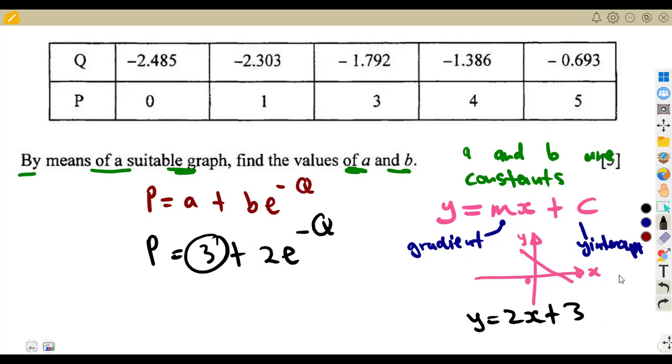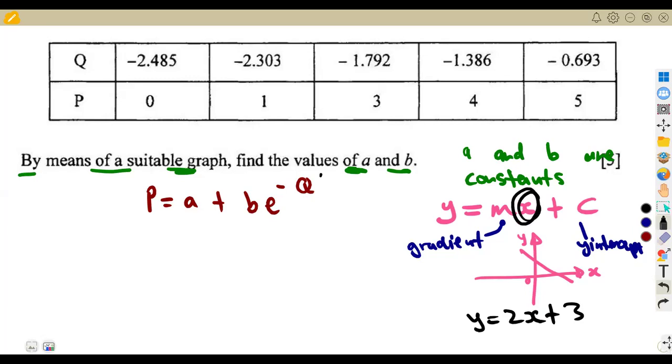So these are constants. If we take a closer look at this in the same manner as y is equal to mx plus c, this part, b e to the exponent of q, is the part representing x, and this p is the part of y.